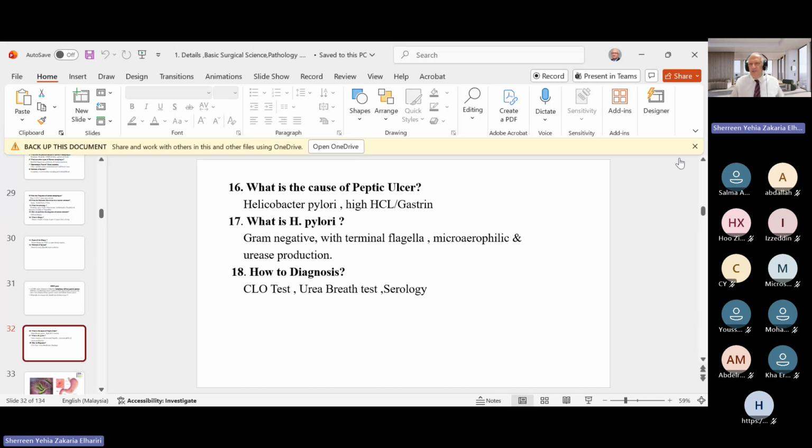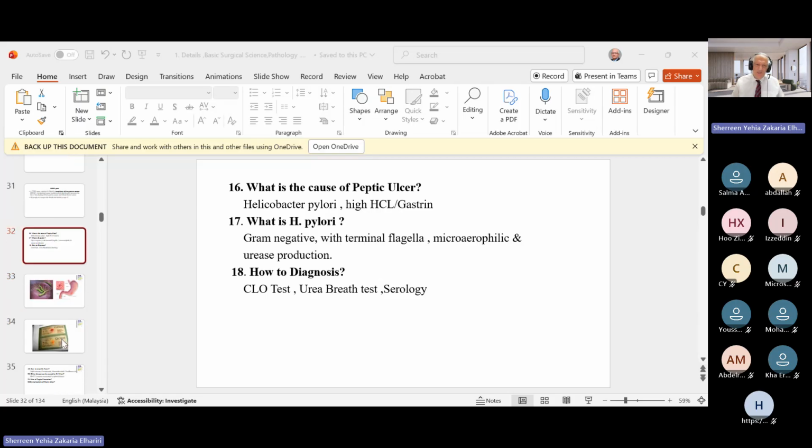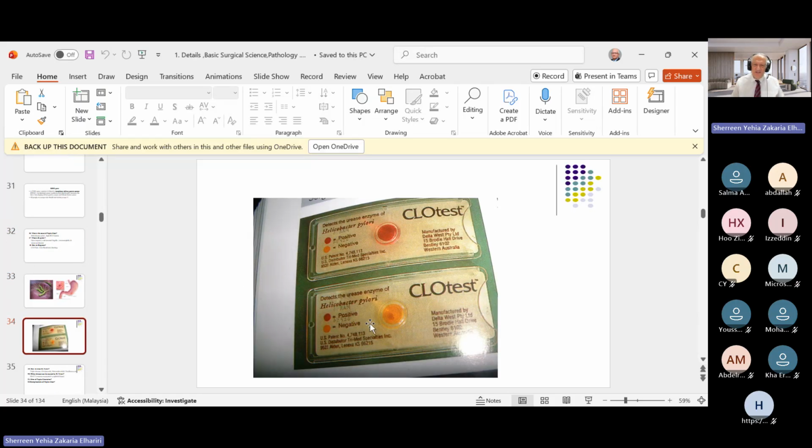Okay. How to diagnose H. pylori? By CLO test, taking a tissue biopsy. CLO test is Campylobacter-like organism test. This is the CLO test. It is a dye that changes from orange to red.